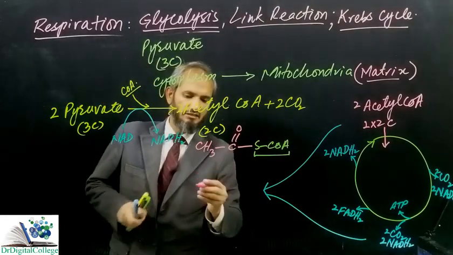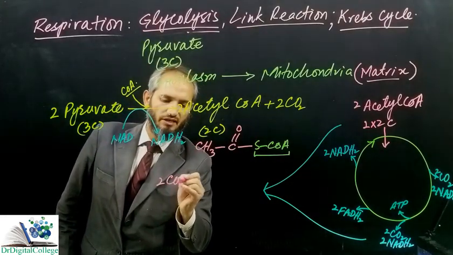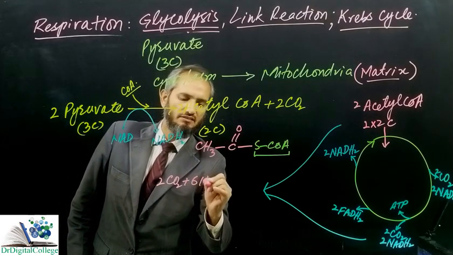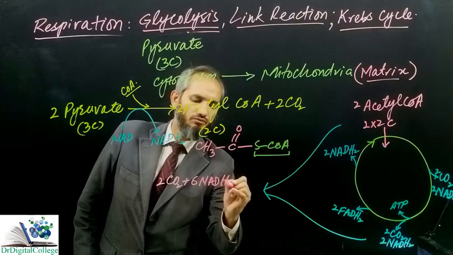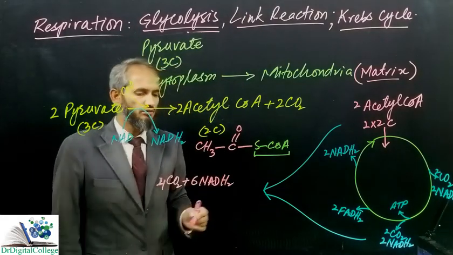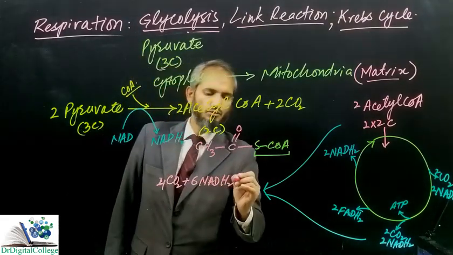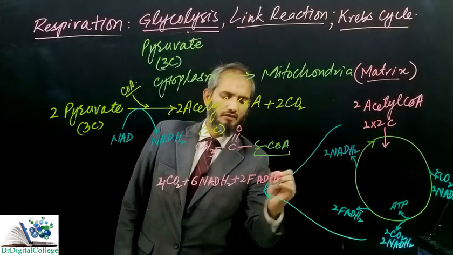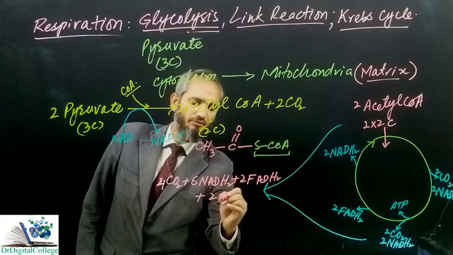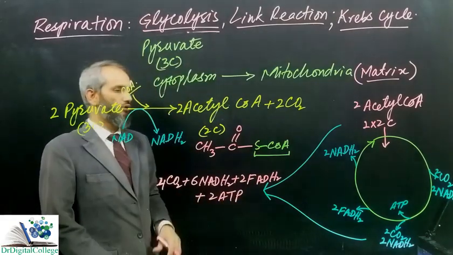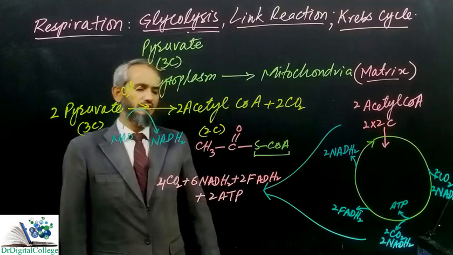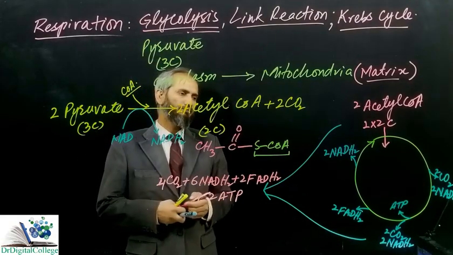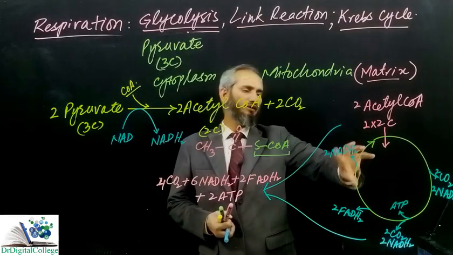The product is 4 carbon dioxide, 6 NADH2 plus 2 FADH2 plus 2 ATP. This is the overall product of this Krebs cycle, if we get the balance of this whole equation. Now let's see what is happening in this process.